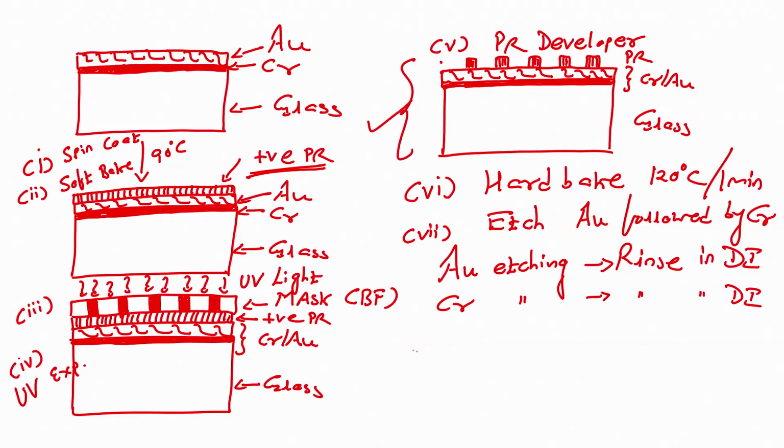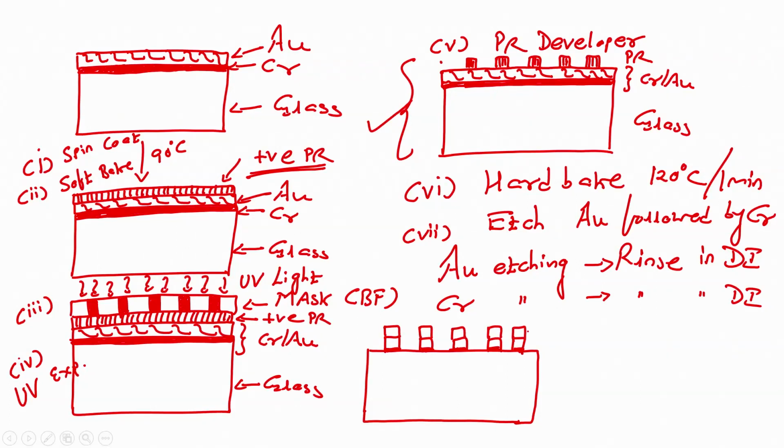You will get a wafer with chrome gold protected where there was photoresist, and where the photoresist was not there, the chrome and gold got etched, right.